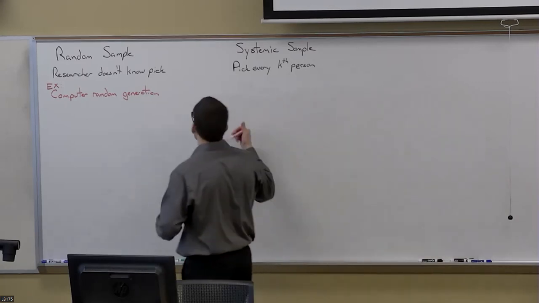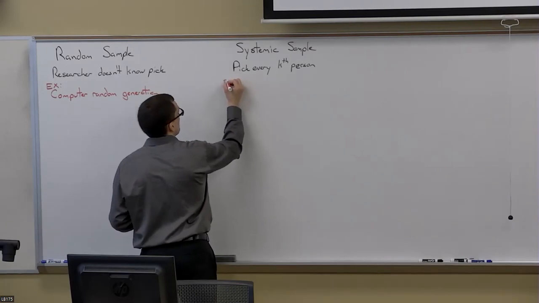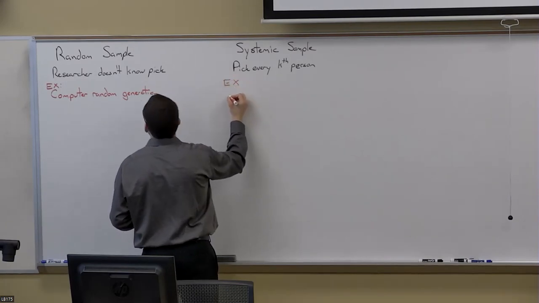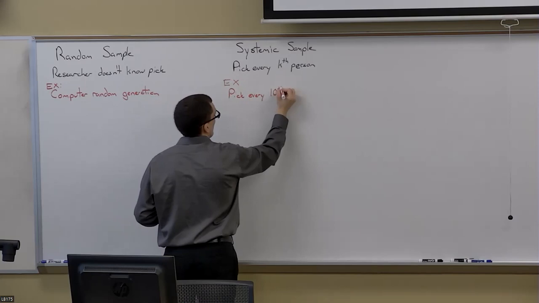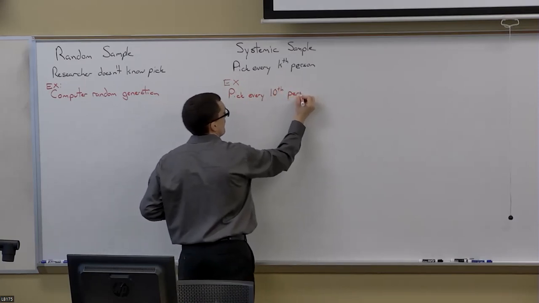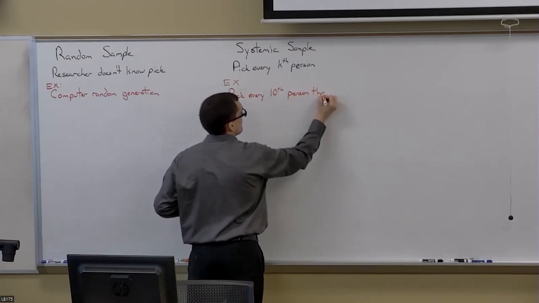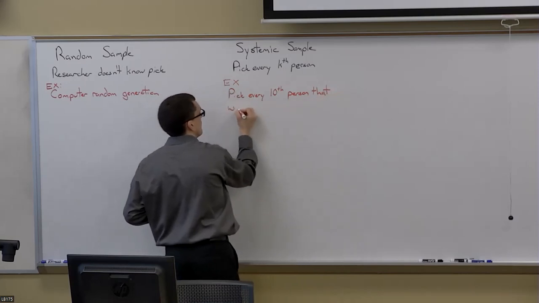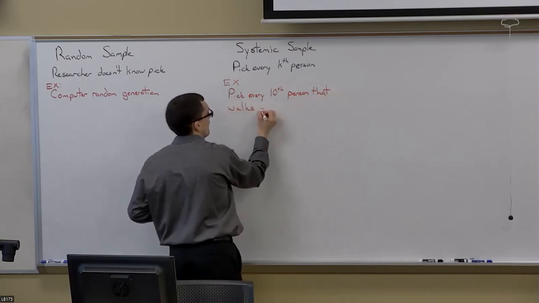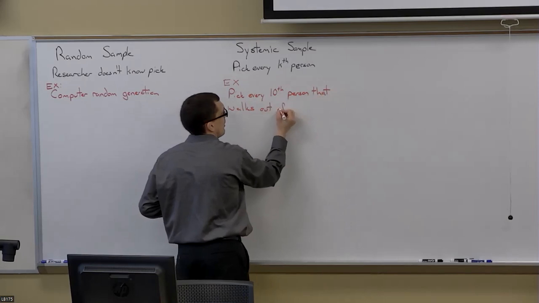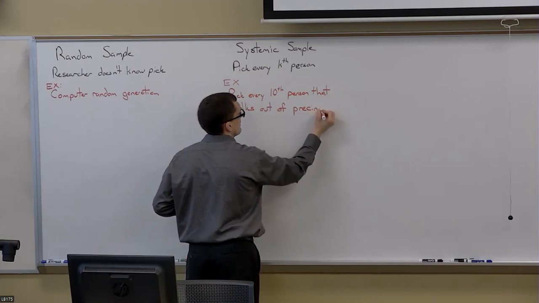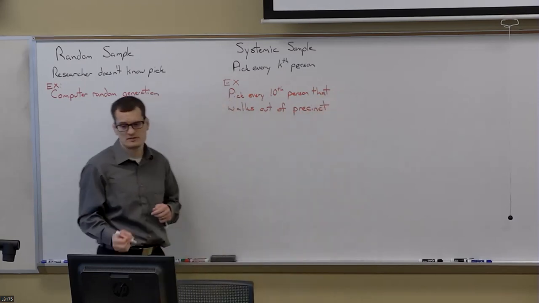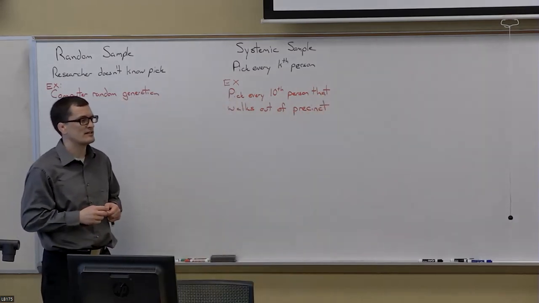So an example of this would be you pick every 10th person that walks out of a polling precinct.